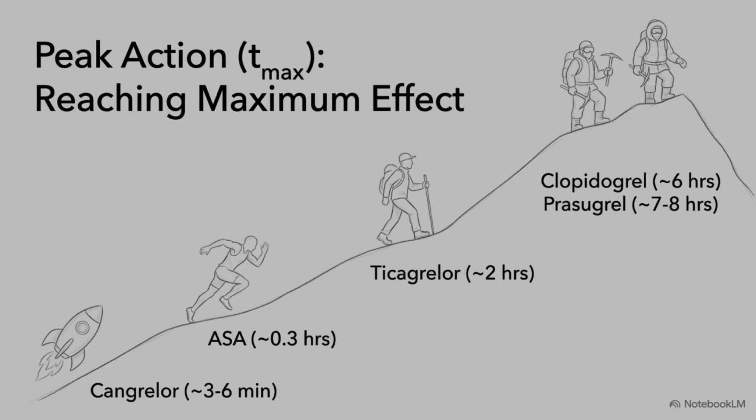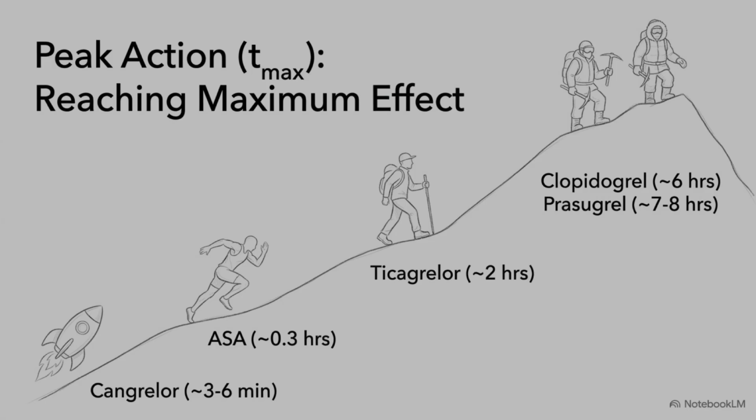Then, in terms of the peak action, as you can see, cangrelor is very fast, 3 to 6 minutes. Then comes aspirin, 0.3 hours, that is about 20 minutes. Ticagrelor, 2 hours. Clopidogrel and prasugrel, 6 to 7 hours.